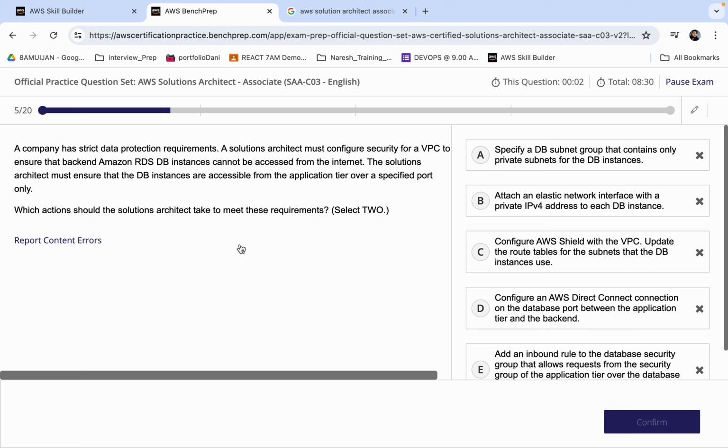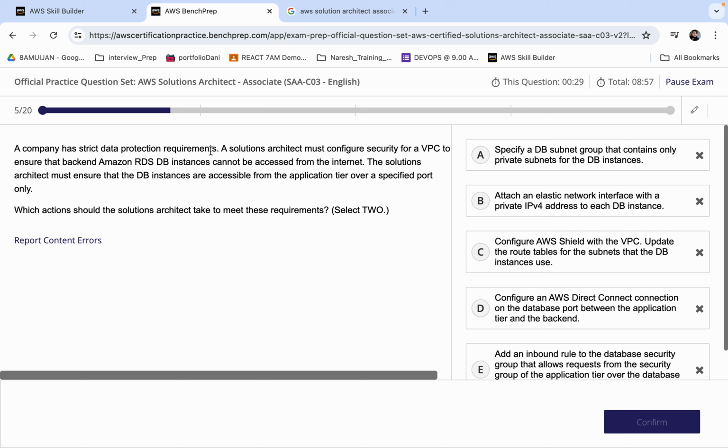A company has strict data protection requirements. A solutions architect must configure security for a VPC to ensure that backend Amazon RDS DB instances cannot be accessed from the internet. The solutions architect must ensure that the DB instances are accessible from the application tier over a specified port. So I have to understand the question first.